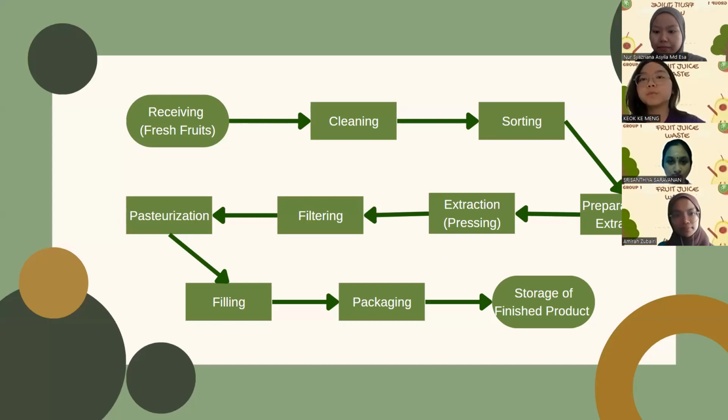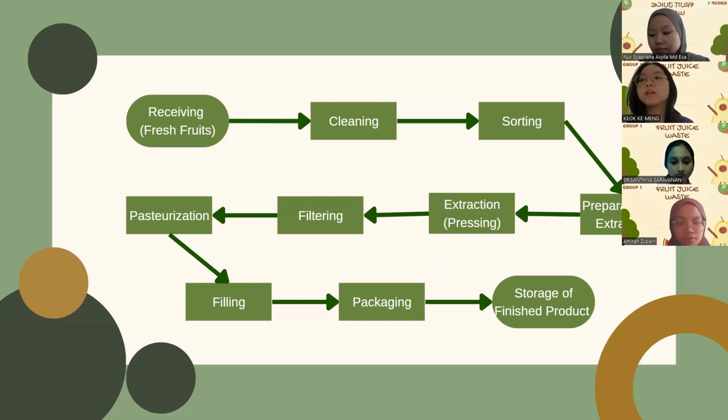So the process is from receiving the fresh fruits and then after that cleaning the fruits and then sorting before preparations of extraction. The preparation of extraction includes cutting and removing the skin or other processes.